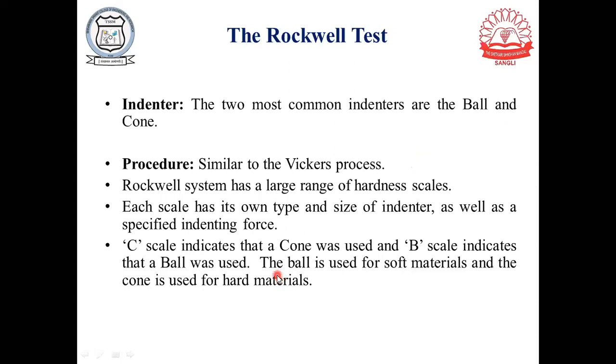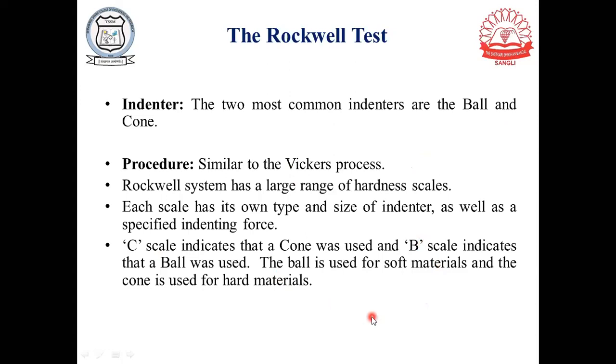The procedure remains the same. The only difference is the scale of ball and scale of cone. There are various charts and tables provided for the C scale and B scale. C scale means the scale used for cone, and B scale is the scale used for ball.